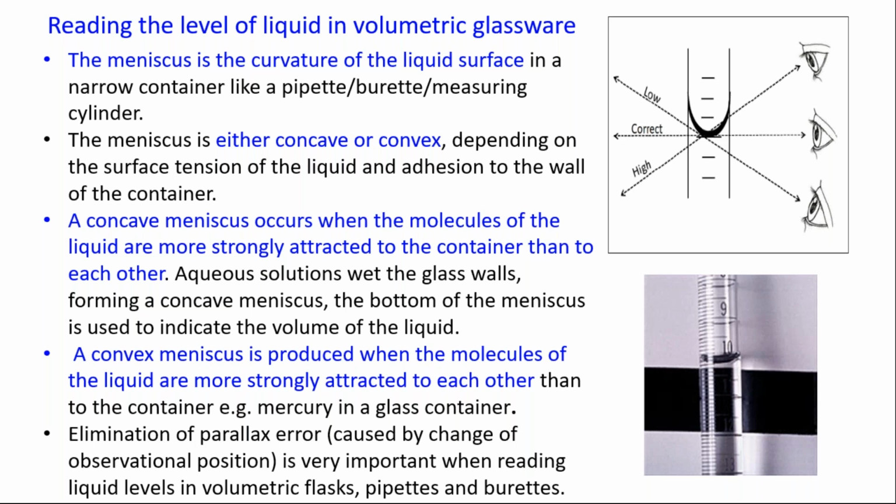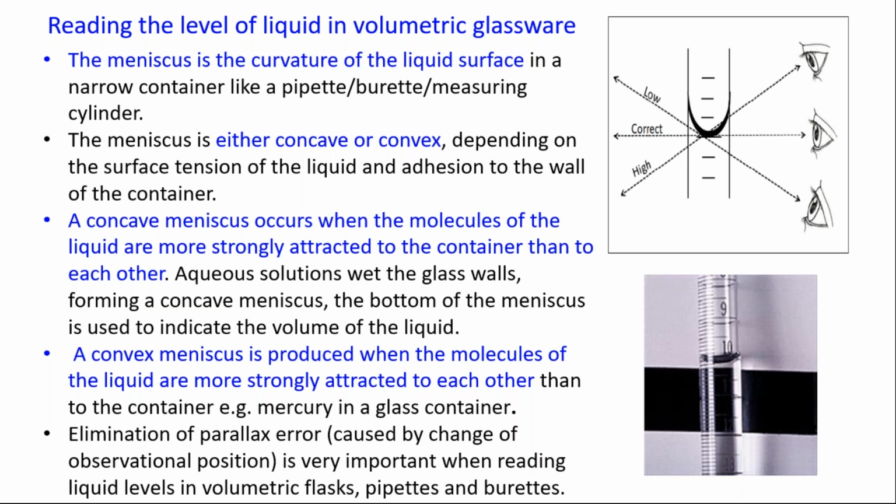And you will see a convex meniscus when the liquid in the burette or the pipette has an attraction to itself greater than to the container, as we saw with mercury. In whichever way, whether it is a concave or a convex meniscus, we have to see that there is no parallax error.